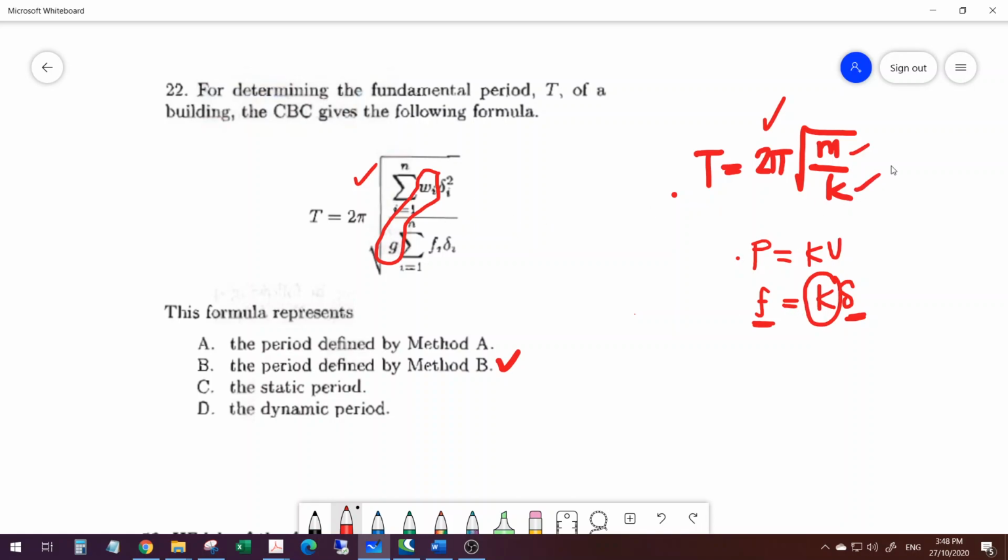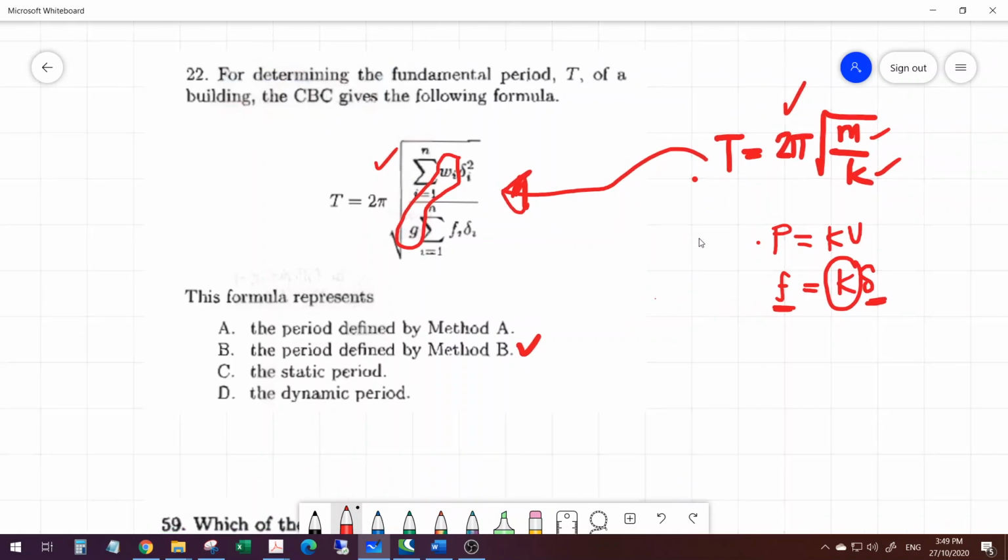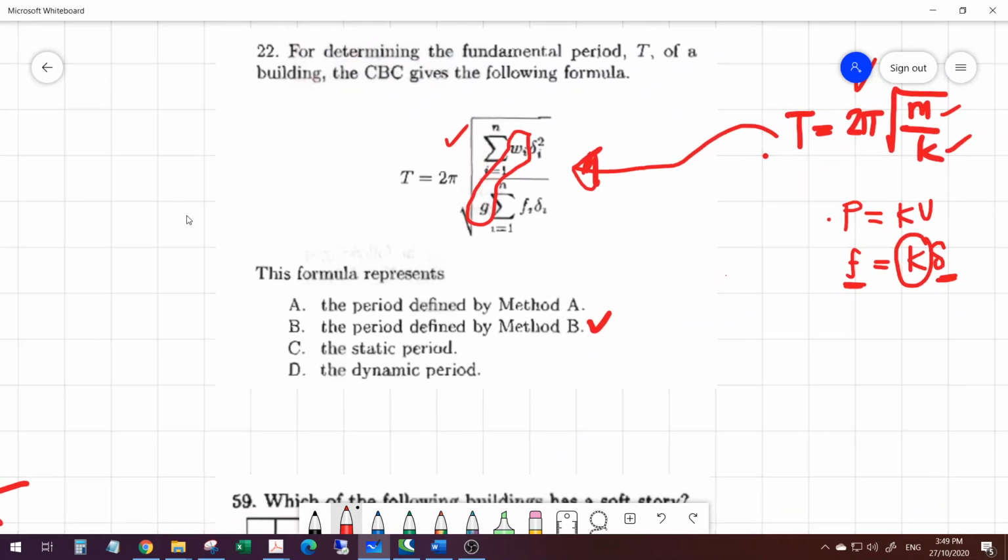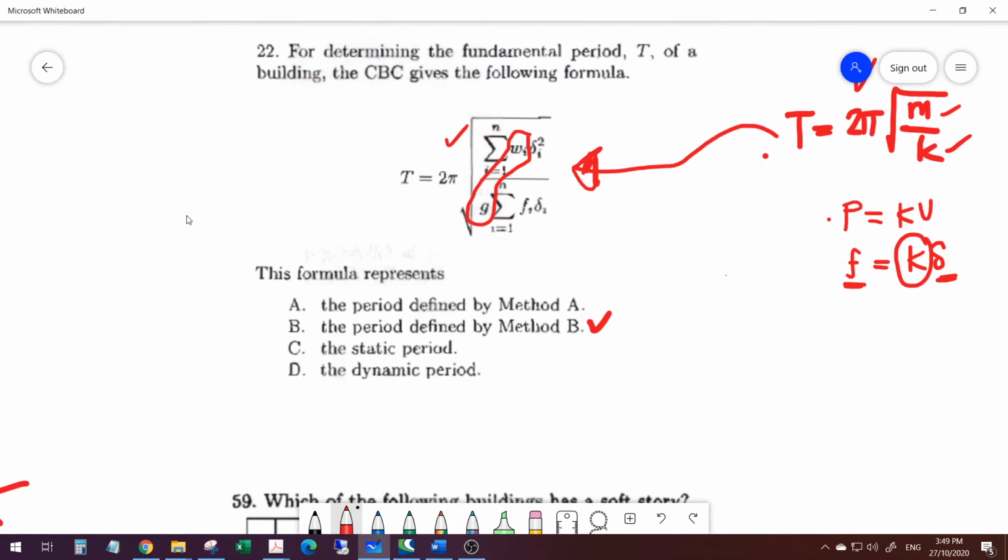Essentially, this is just a transformation of this formula. Method B is actually more accurate than method A. Method A is just for faster calculation of the period. But if you prefer a more accurate one, method B is more accurate because it considers the mass and the stiffness of the structure.